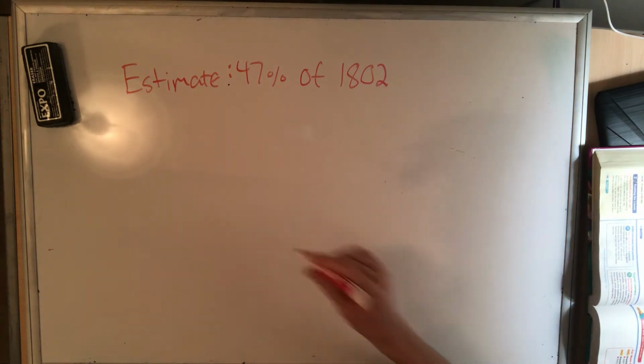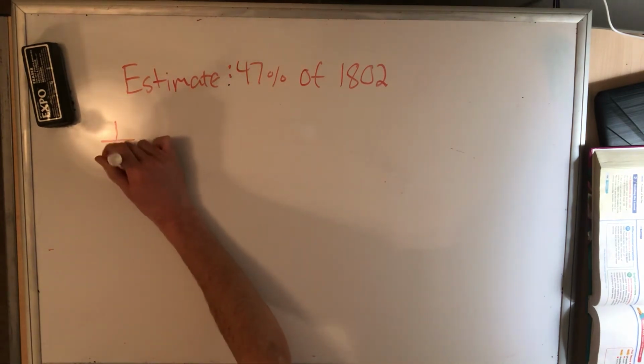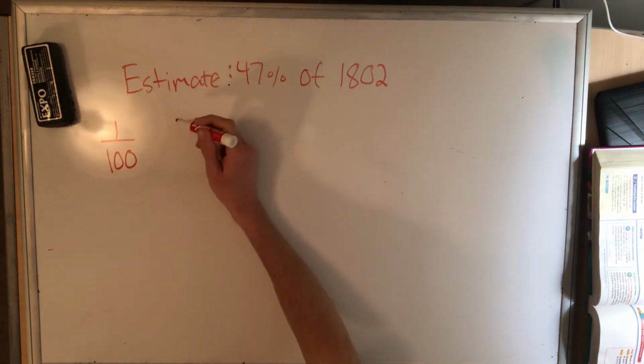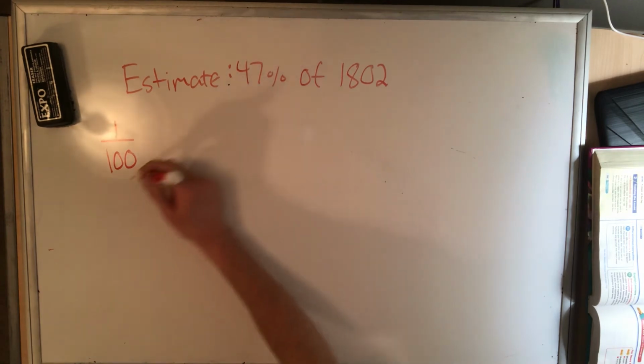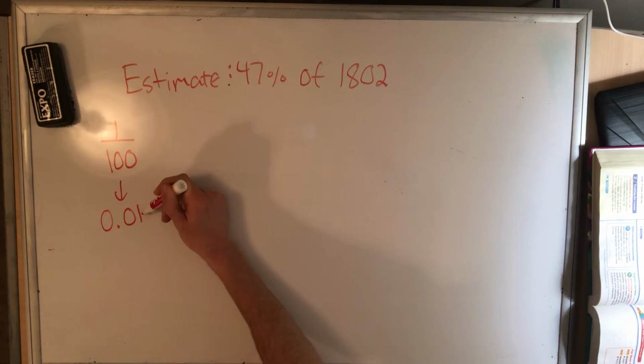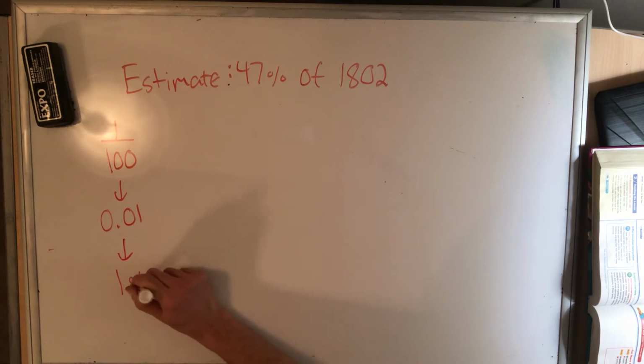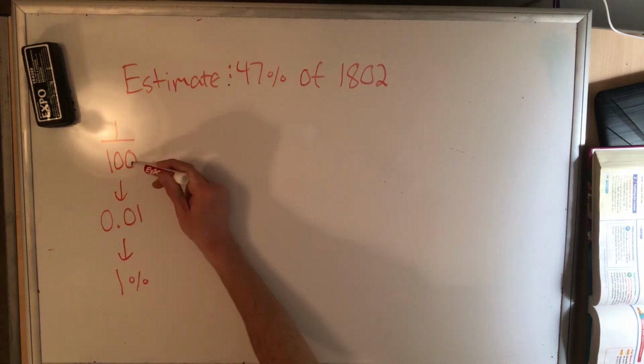The fractions you should memorize for their decimal and percent equivalents are 1 over 100, which is 0.01, because that has 1 in the hundredths place. And that's 1%, since percent tells you how many hundredths you have.